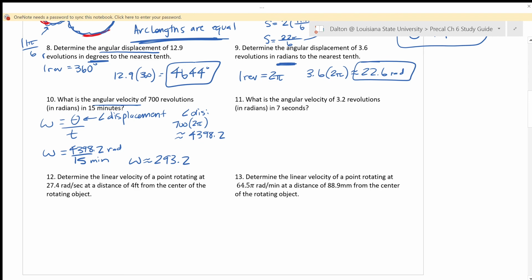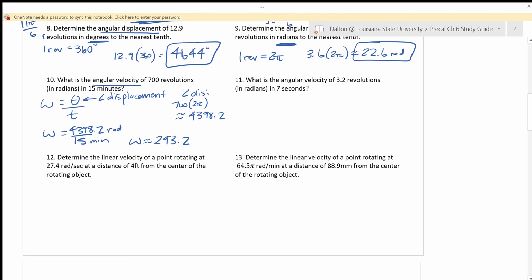Be careful of your units on this test. Velocity is a rate, so if you write the units in your problem, it'll help you: radians per minute. Angular velocity has something to do with an angle.